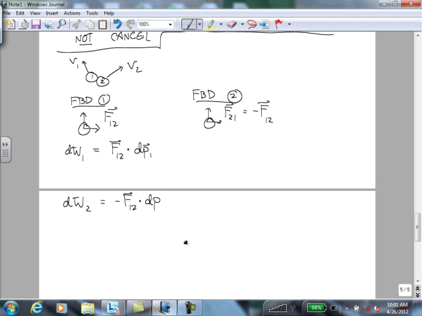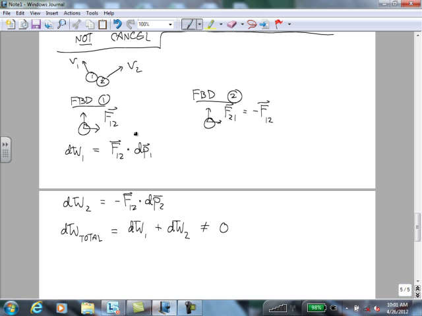There's no reason, these are in different directions, so these aren't going to cancel, right? So your total increment in work is d work 1 plus d work 2, and that's not equal to 0. Okay. So this energy method isn't going to be very useful for dealing with cases where particles move independently.